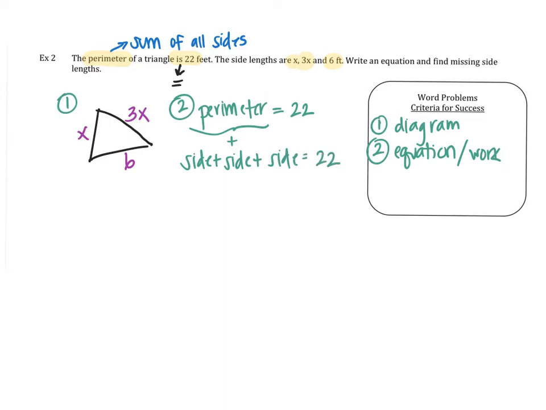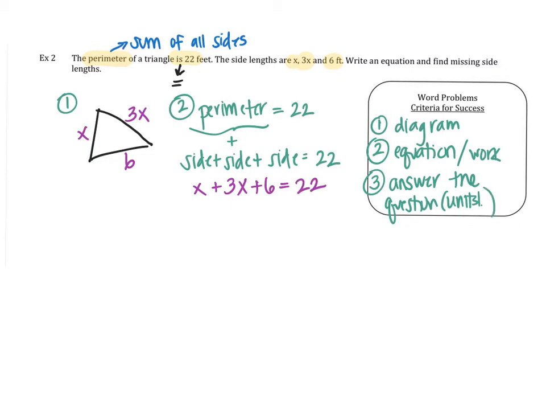So my equation would be x plus 3x plus 6 equals 22. And the order I write those terms in does not matter. If I was talking about a rectangle, I'd have 4 sides to add. And our last step is we're going to solve the equation and then answer the question. And we're not going to forget our units.